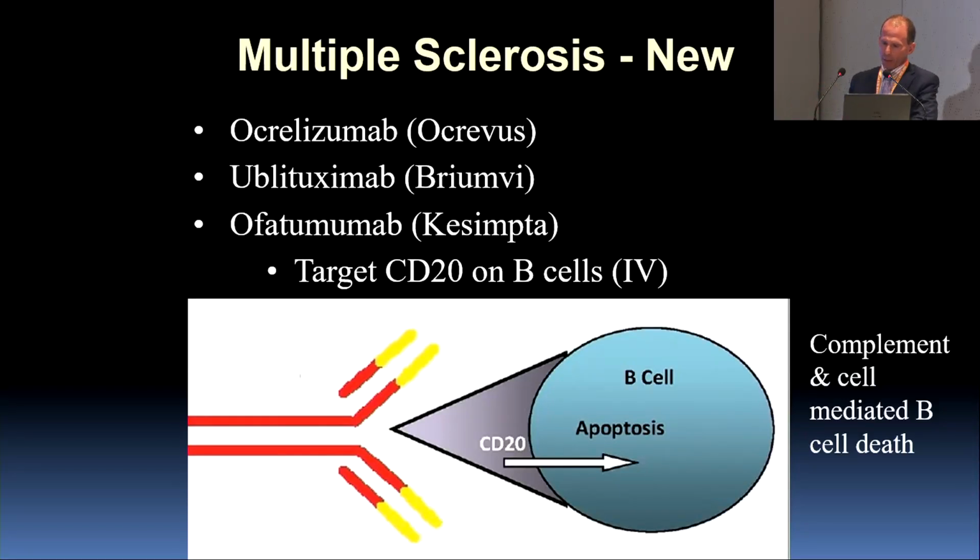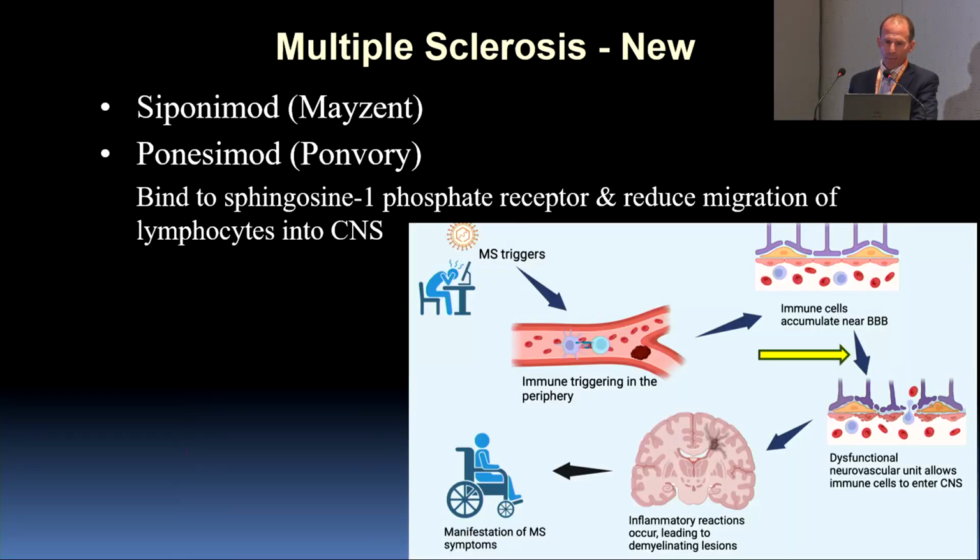These are all intravenous. And the other class are the sphingosine-1 phosphate receptor binders, siponimod and ponesimod, and this reduces migration of lymphocytes into the CNS. So you see here where that yellow arrow is, you have some sort of inciting immune trigger.